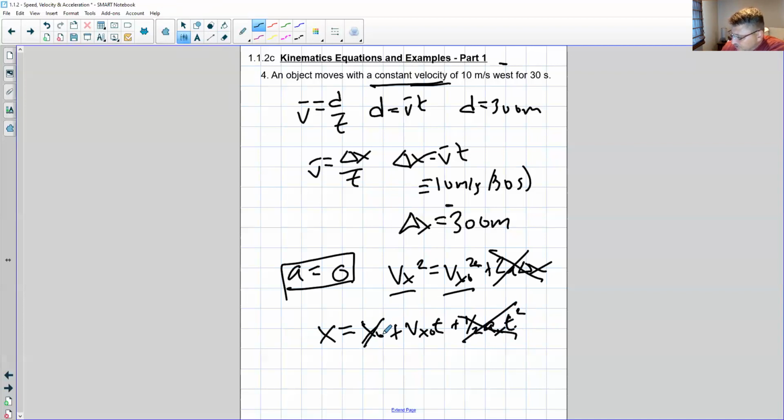If our initial position is 0, look at what happens. This equation essentially degenerates into this equation, because Vx naught is V average, and it's equal to Vx. They're all the same speed. If the velocity is constant, then the initial, final, and average velocities are all the same quantity.